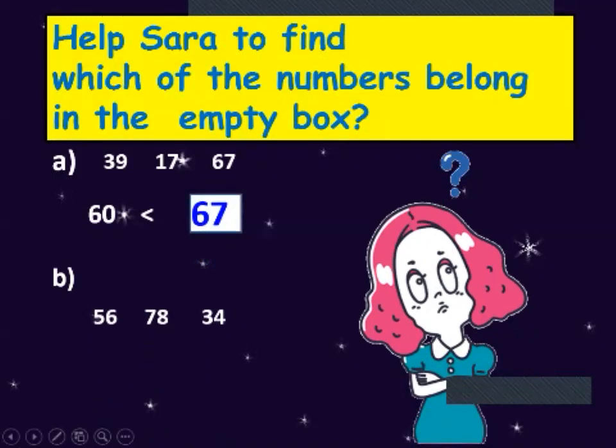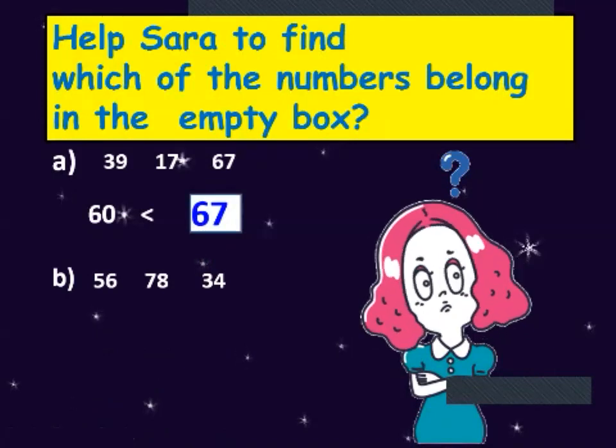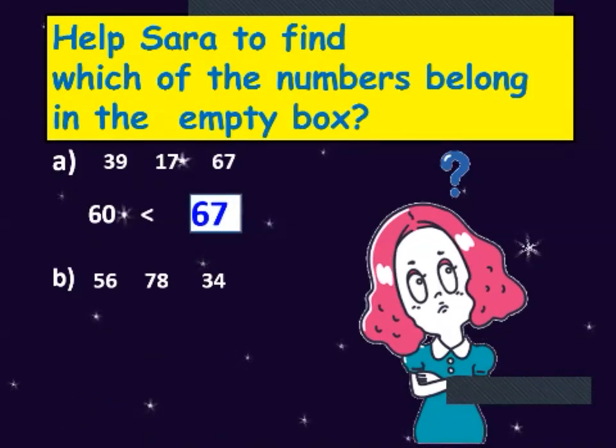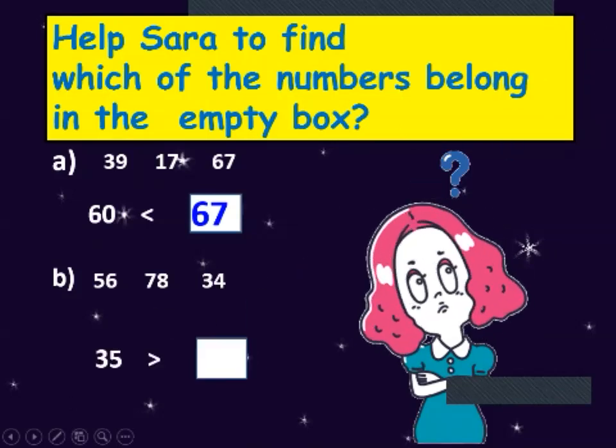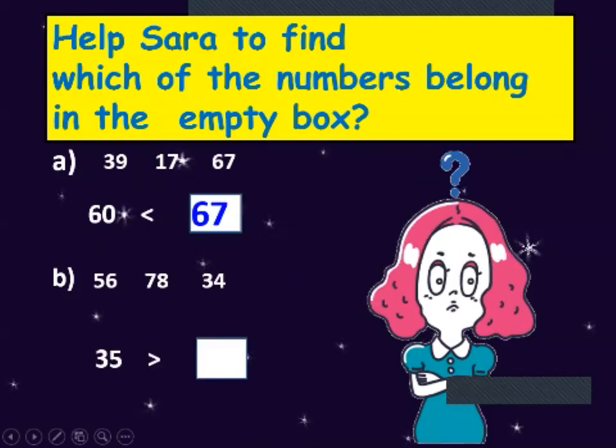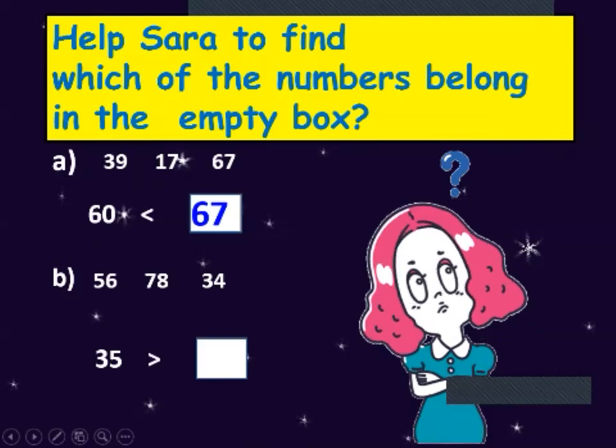Now look at the second question. Again, there are three numbers. 56, 78, 34. Already the crocodile opened its mouth to the big number. So now you have to write what number comes in the empty box.